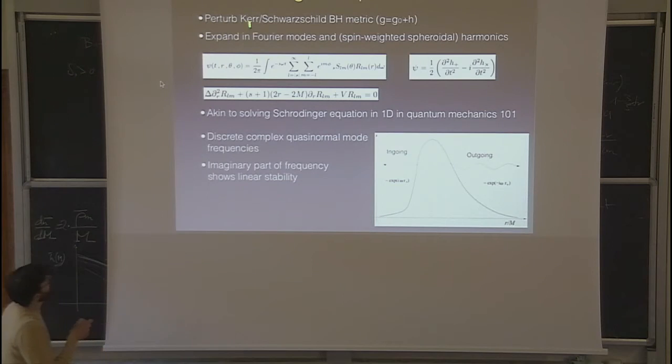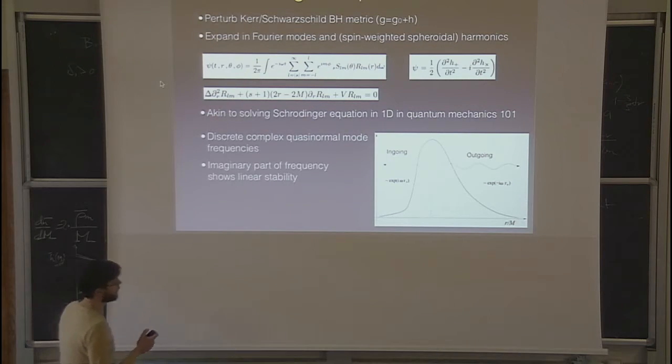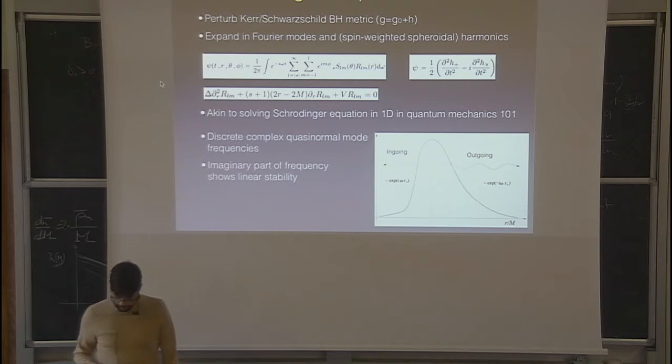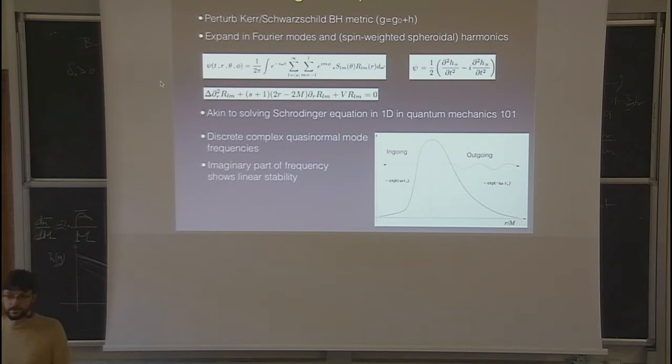And as I was saying, you can do things not only for Schwarzschild, but also for rotating black holes, curved black holes. And you can do a similar decomposition for vector fields or even for tensor fields, so for the metric perturbation. It's a bit more complicated for tensor fields, especially when you have black hole spins.